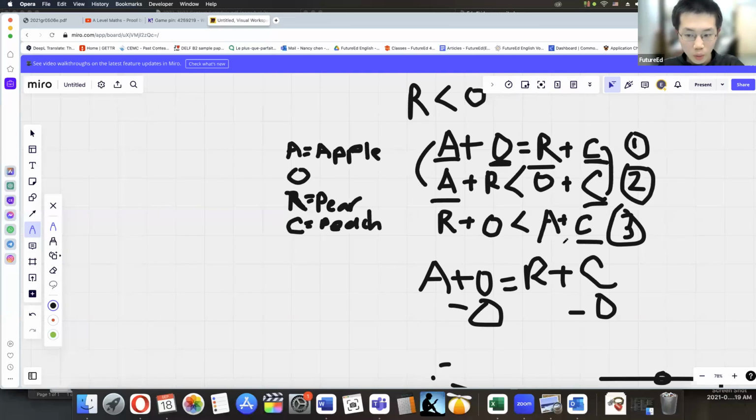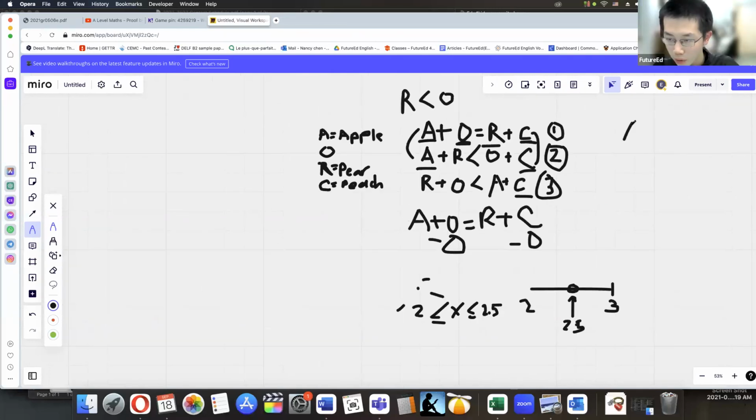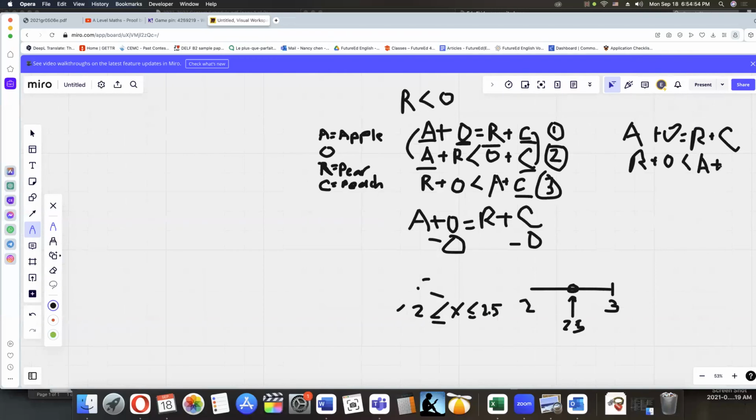So now what do we know about A? Here, let me write it over here. So A plus O is equal to R plus C. This was equation 1. But over here, we have R plus O is less than A plus C. So is R heavier than A?